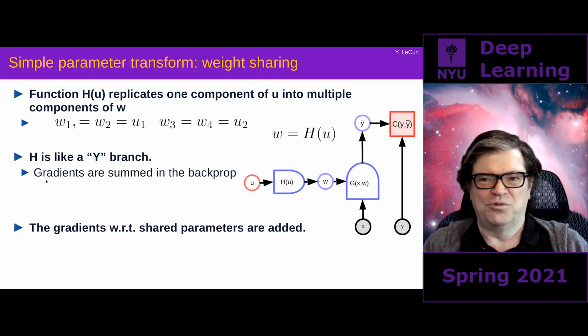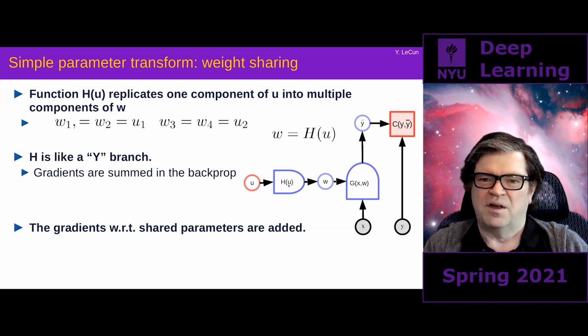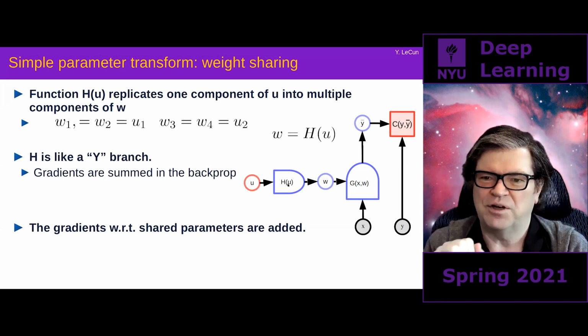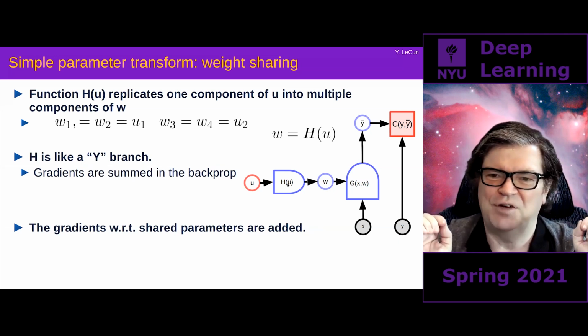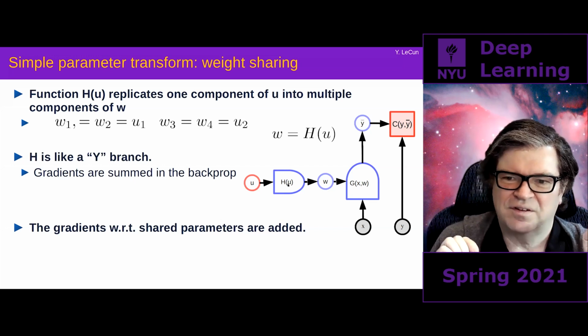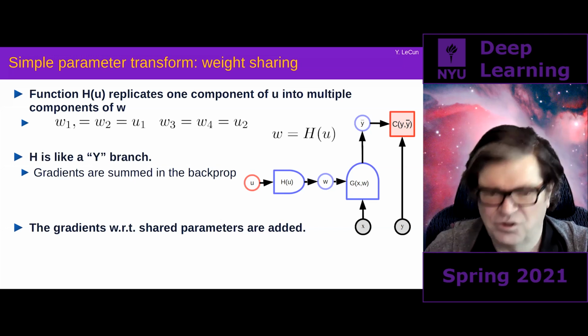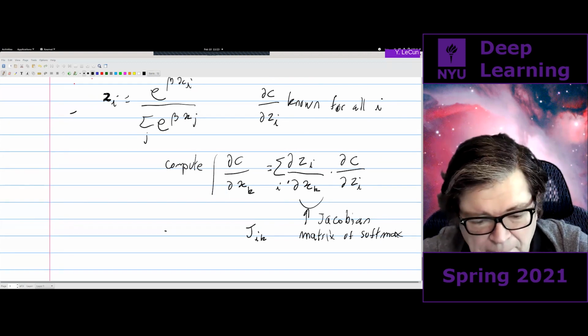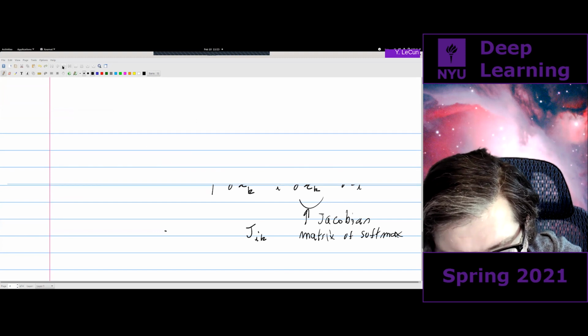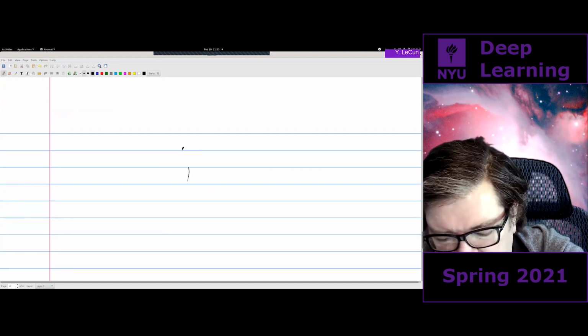Here is an example where it's used, weight sharing. So let's say that h of u is a very simple function that takes a single variable u, a scalar variable, and duplicates it into multiple copies, right? So it makes it into a vector where all the components of the vector have the same value. Okay? So essentially, we have some sort of big network here.